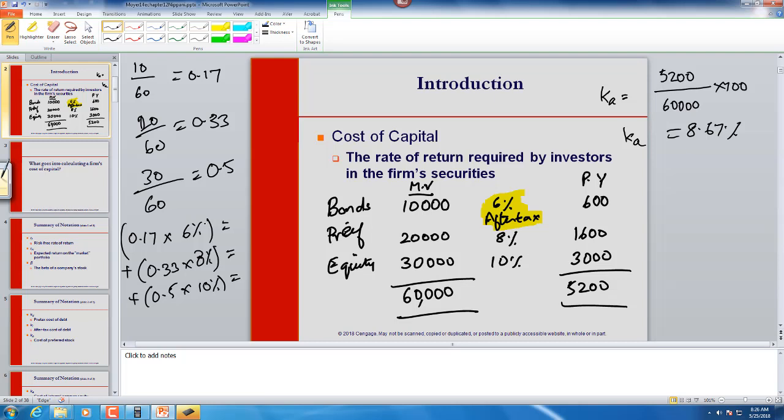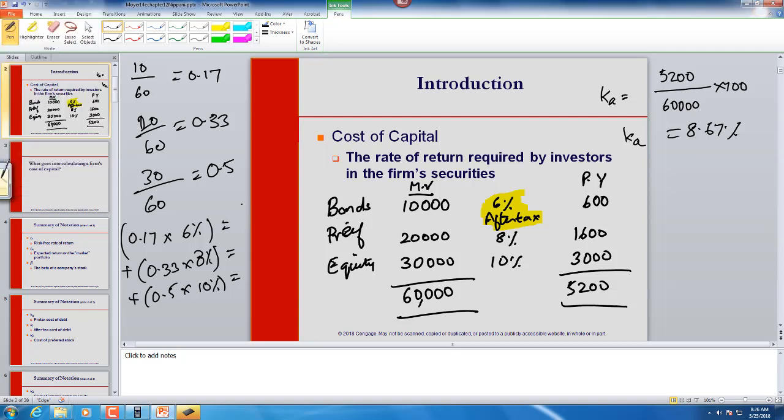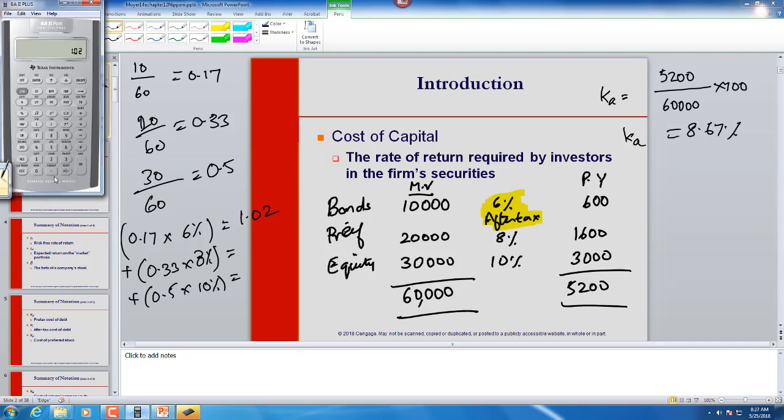Now, in case of debt, it's the after-tax cost. So 0.17 times 6 equals 1.02. Then the next one is 0.33 multiplied by 8, which is 2.64.